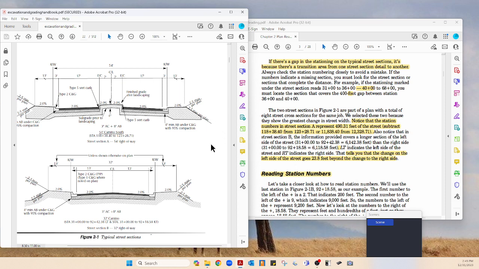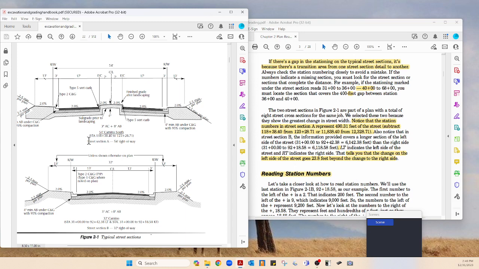Now, what I have to do personally is validate me, calibrate me with the drawing I'm looking at. So I look for things like the right of way, 54 feet right here. That's the right of way.